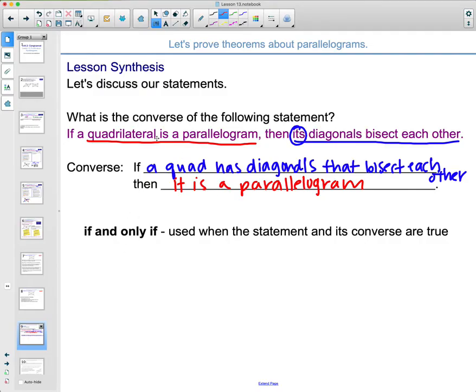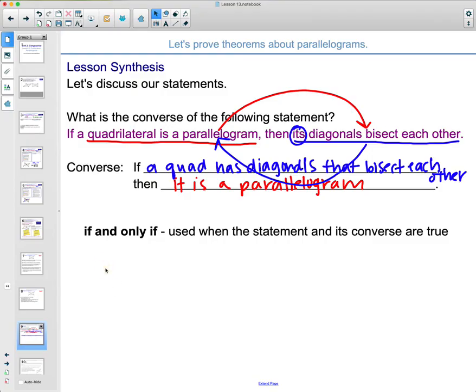So if both of these are true, so if a parallelogram forces diagonals to bisect each other and bisecting diagonals force a parallelogram, then we can say it with an if and only if statement.